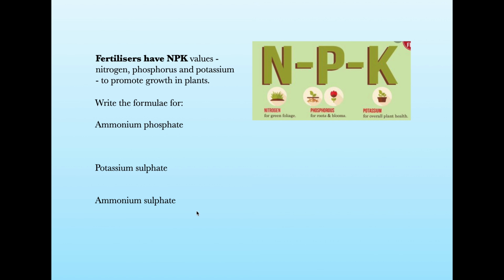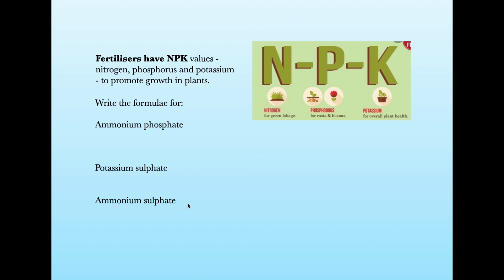Okay, and one little word about fertilizers. They have NPK values. So we want a fertilizer with nitrogen, which causes the production of green foliage, leaves, etc., phosphorus for roots and blooms, for flowers, and potassium for overall plant health. The classic fertilizers are indicated here.